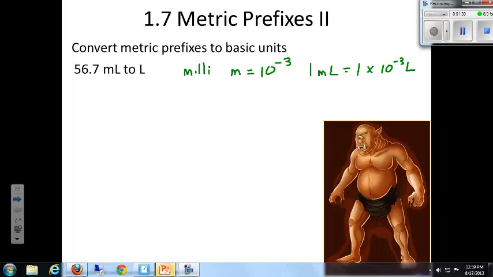So I have 56.7 milliliters. This is pretty easy, really straightforward. Well, let's replace milli by 10 to the minus 3 because that's what it means, and liters. And then we can put it in scientific notation, moving the decimal place to the left, so the power of 10 is going to go up.